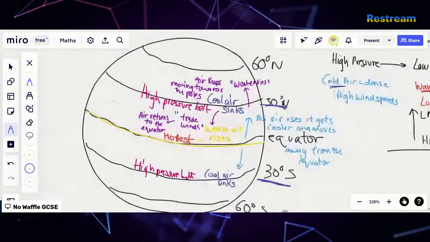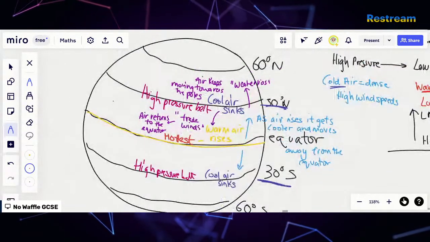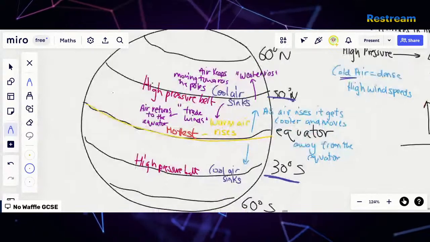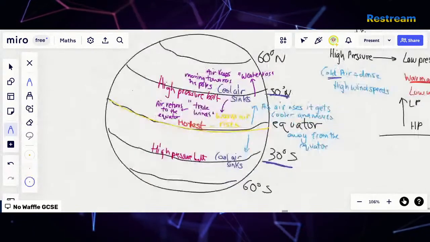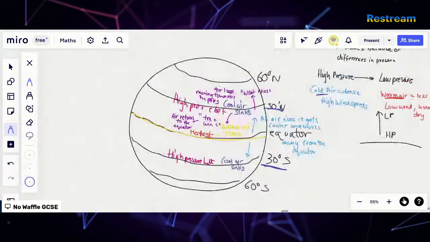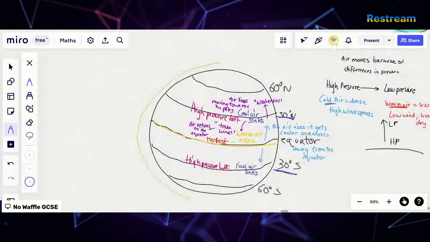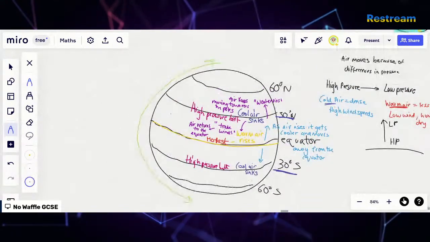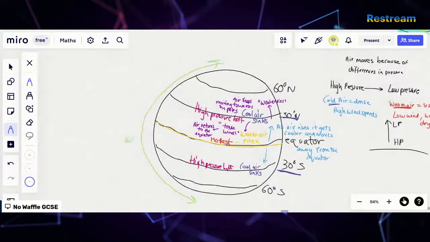The reason why these winds don't go straight up, they curve, is because of the curvature of the Earth. The Earth obviously curves like this, and because of that, this causes the winds to curve.